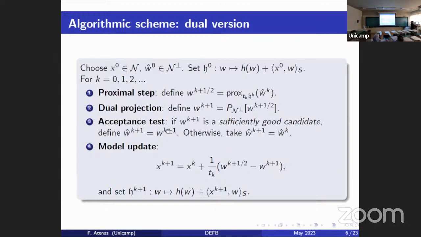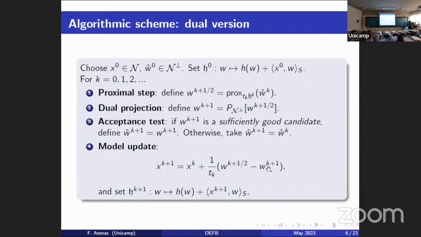After that, we update the model. Essentially, we update this linear term. And this looks like the progressive hedging dual update. But since we are working in the dual version, the dual is a primal update. Again, the direction that we take is a correction step, in this case the proximal point minus its projection.